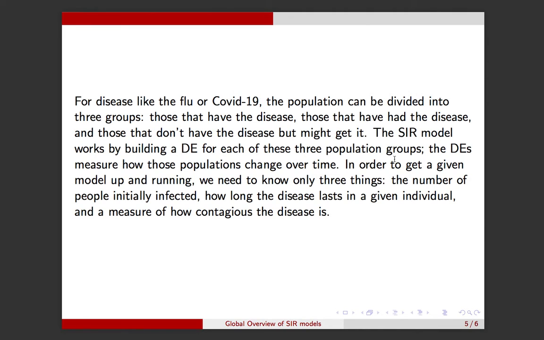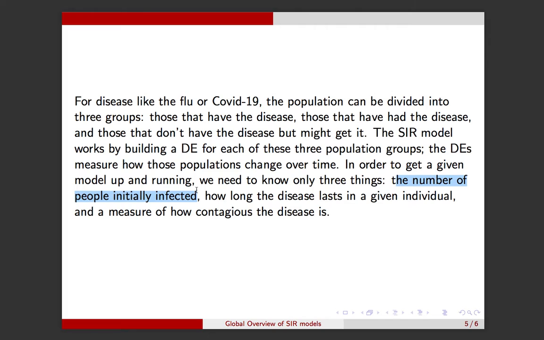These models work by building a differential equation for each of the three population groups. So we get a system of differential equations, and then you have to solve the system to make predictions about how the disease spread. In order to actually get a given model up and running, to model a flu outbreak or a COVID-19 outbreak, you need to know a few things, but not many. You need to know the number of people initially infected.